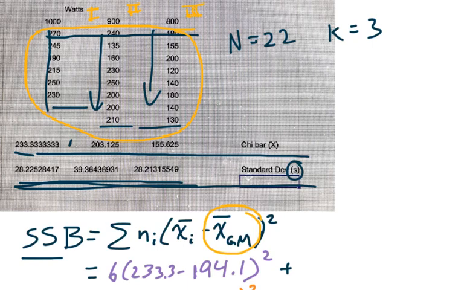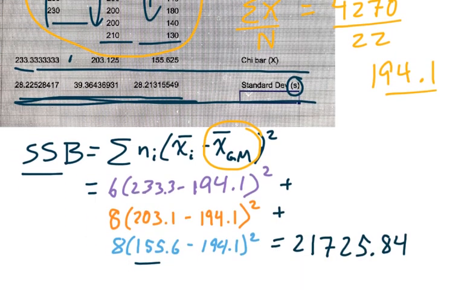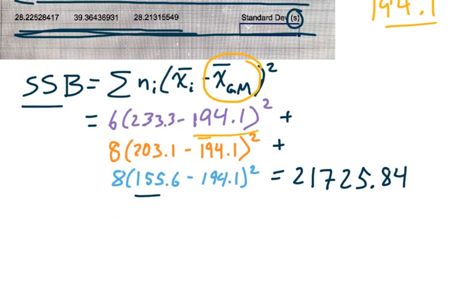We've got 22 values total. So we sum them all up. That's the sum of all X, which is 4,270. And then we divided that by the total number, capital N, that was 22. And that's how I got this 194.1 that you are seeing here in this calculation.